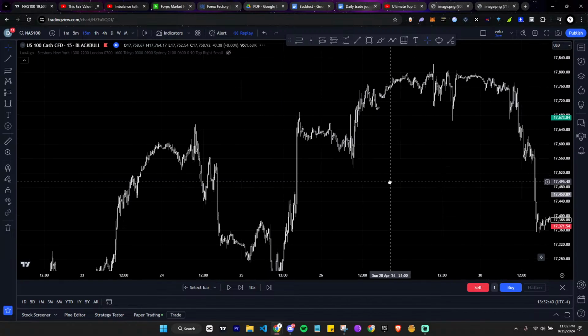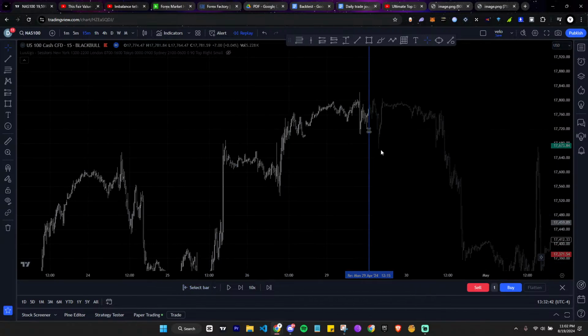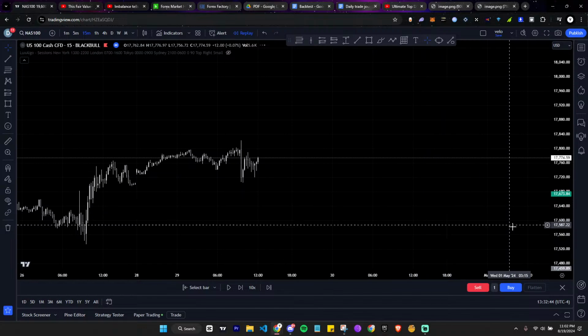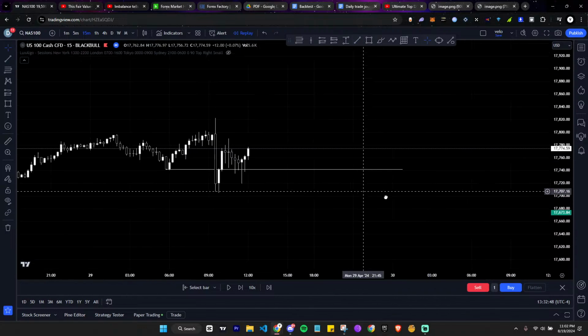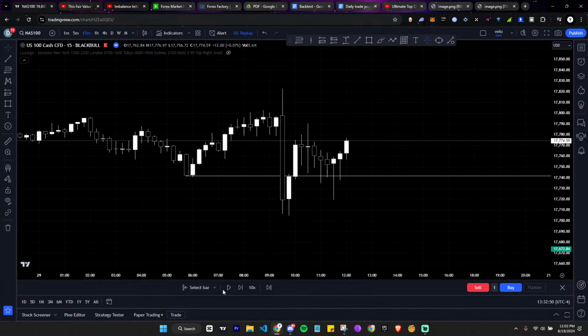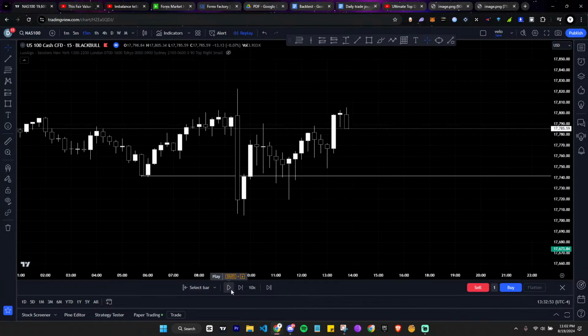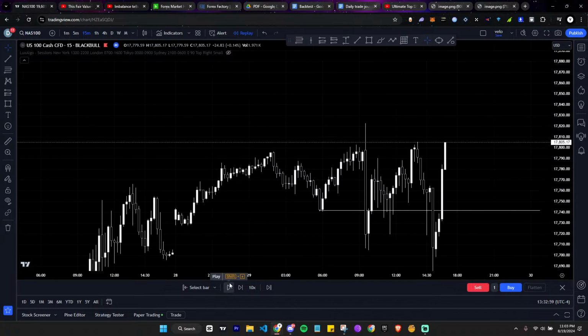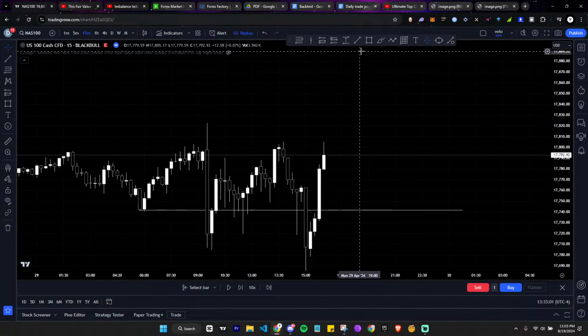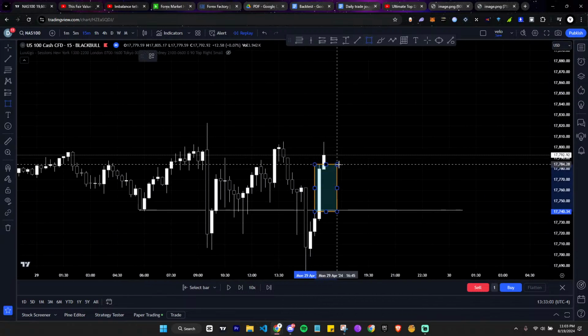Let's go for a more realistic scenario. Let's go for this. So you can see that there is a manipulation. Okay. Let me see. There is a small fair value gap. I don't think this would be validated though. Okay, so we swept liquidity and we closed the fair value gap right after.